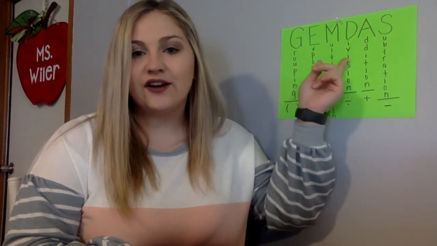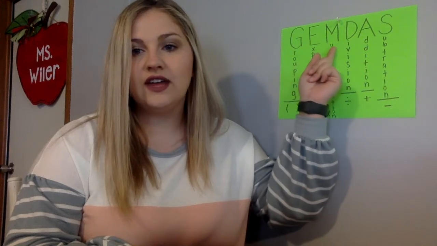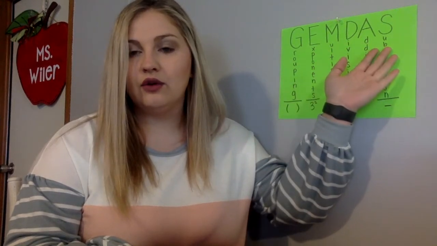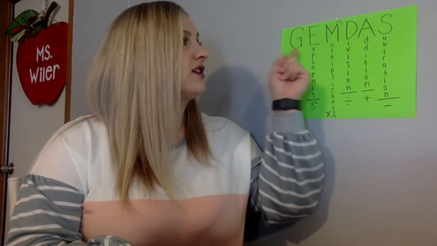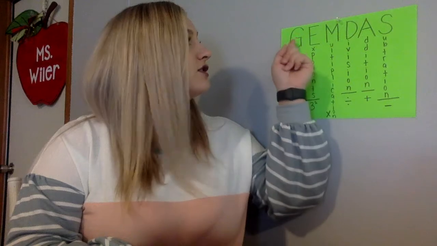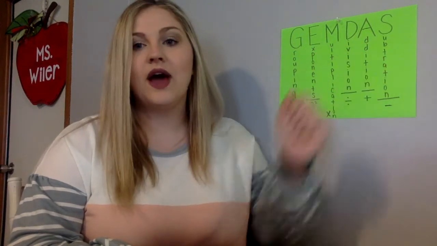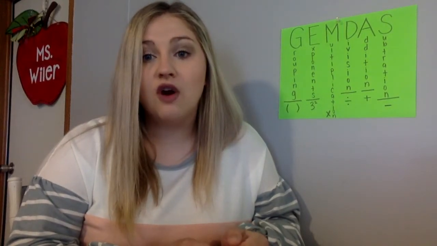So that's an acronym. An acronym just means that they take the first letter of each saying and make it into an acronym. So like the G, the saying that we use for this is, Grandma, excuse my dear Aunt Sally. Okay, that's something that will help us to remember what our order of operations are.